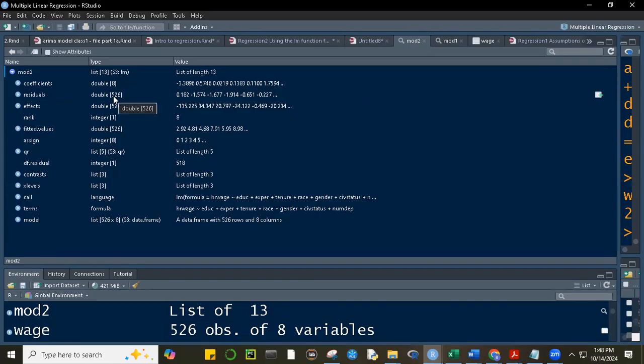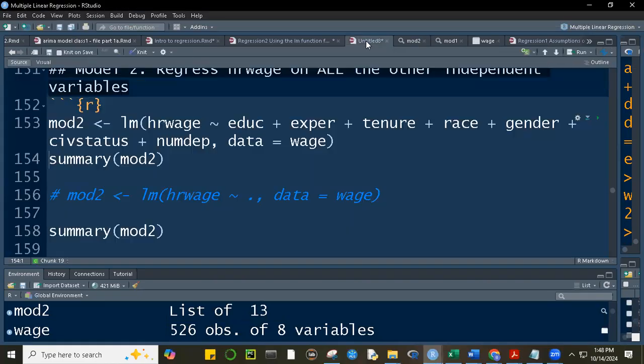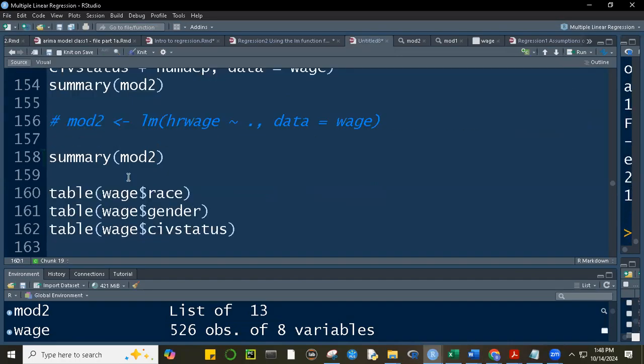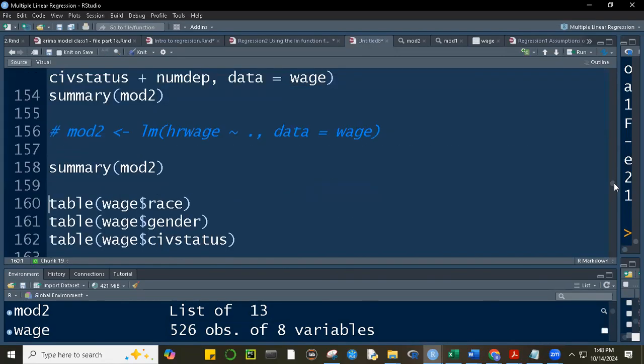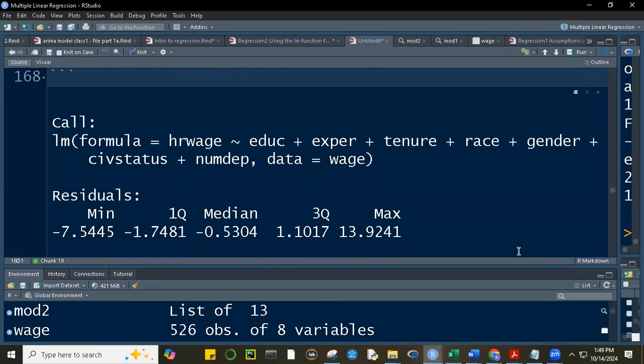There are 526, and then there are fitted values 526 also, etc. Okay, all right. So that's what's inside your model 1, model 2, I mean. And then if we summarize this now, class, summary model 2. Okay, there you go.